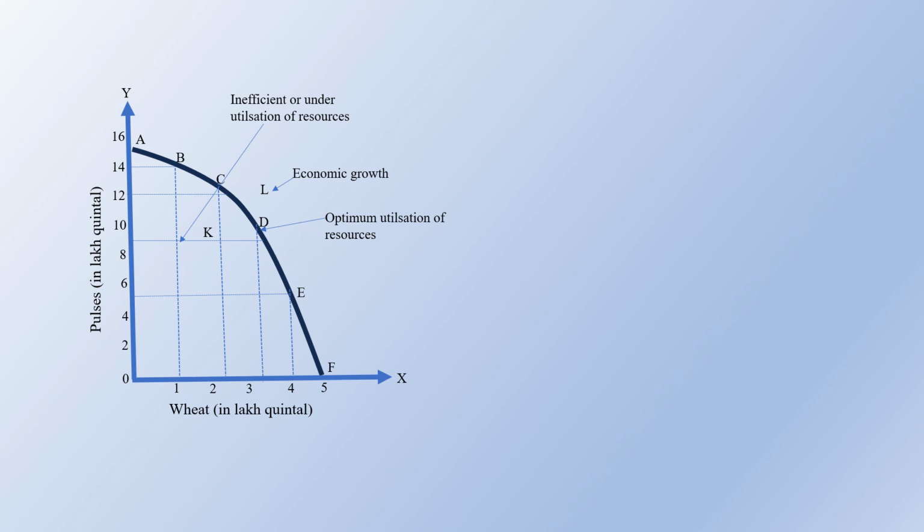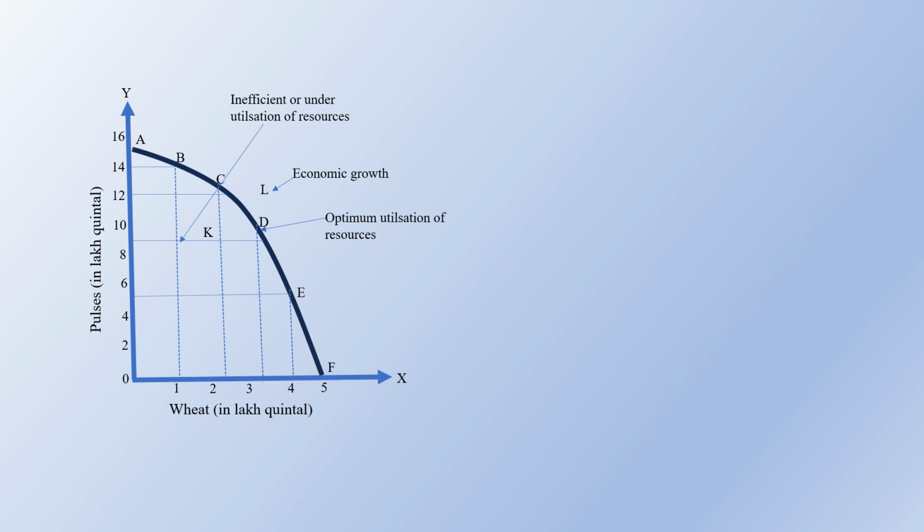Then the other point, L, which is outside the PPF, represents overutilization of resources, showing overemployment. That is unattainable unless there is a growth of resources. And point D means fuller utilization of resources, optimum utilization of resources.